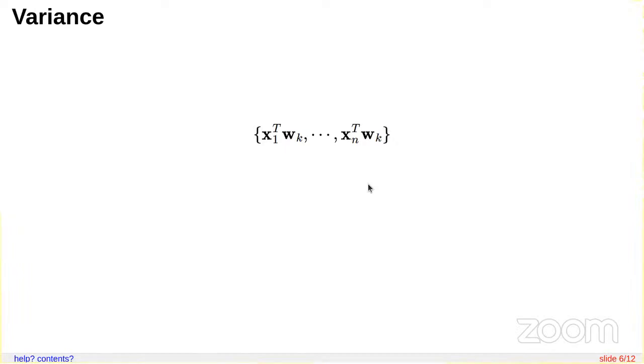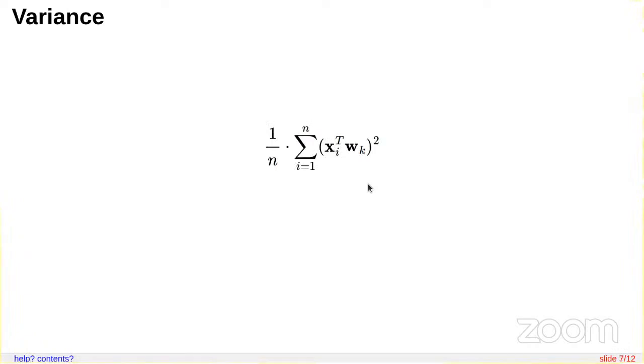If you take this data set and compute the mean, what will be the value? 0, if it is centered. Let's say we have been doing centering all along, so it's 0. Then what will be the variance? Sum of the squares of this divided by n, so that is the variance.